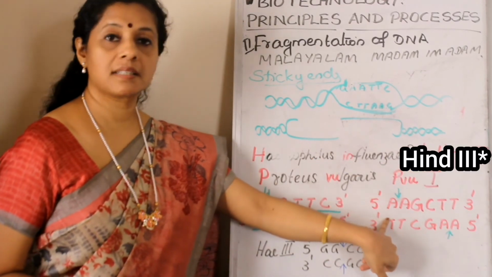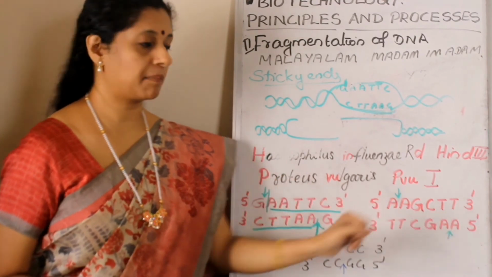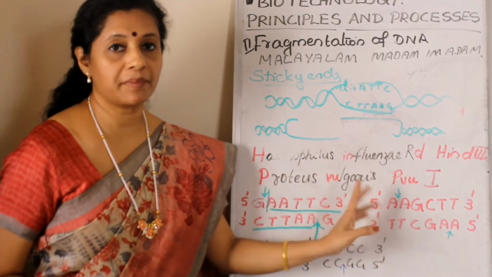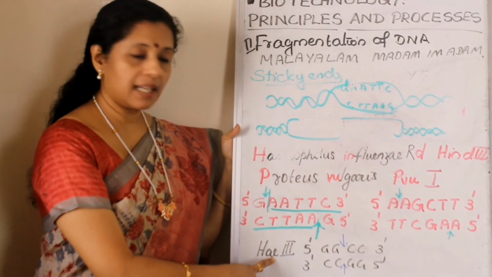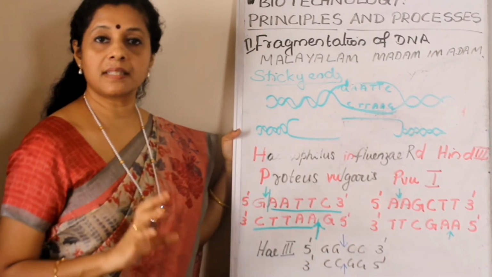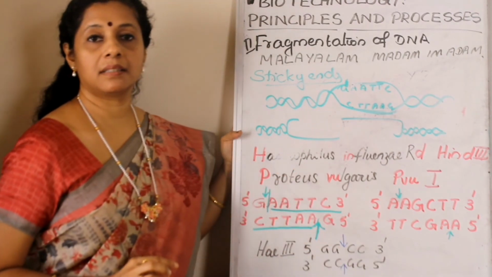HindIII has this sequence 5' AAGCTT 3'. The same way here, it is also making a cut a little away from the center. Whereas, when it comes to HaeIII, GGCC is the palindrome, but the enzyme is cutting exactly in the middle.